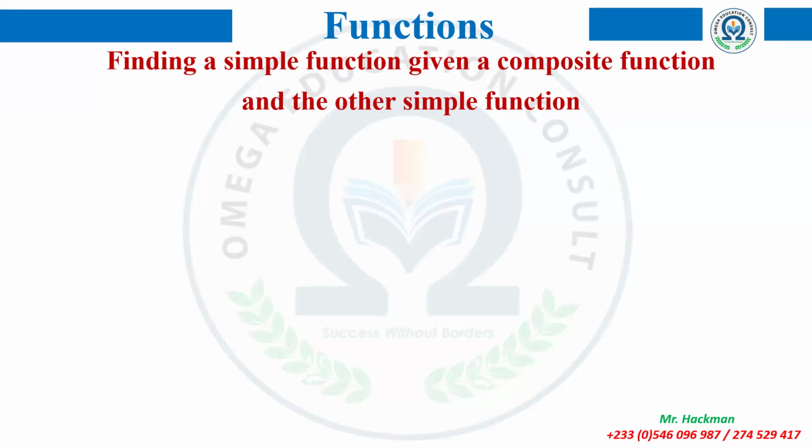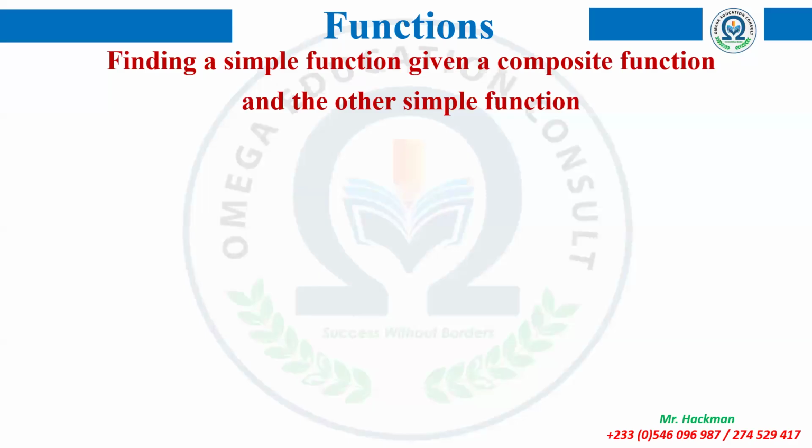If you are given the composite of a function and one of the functions that you combine to get that composite function, you can find the other function. And how do we find that? We have two techniques, depending on the nature of the question. Each nature will give you one technique in dealing with this.